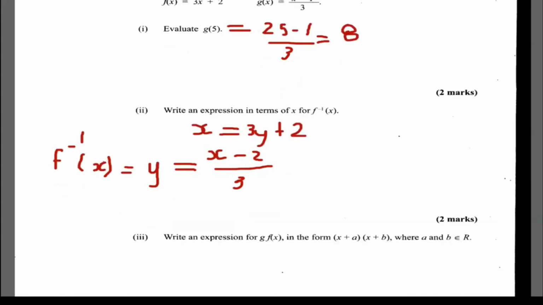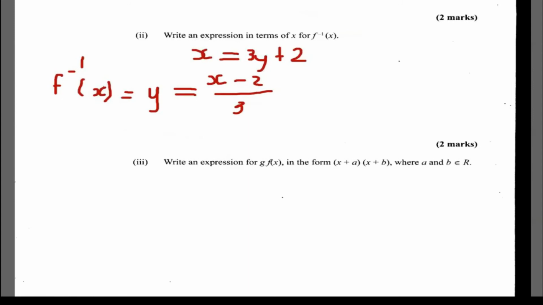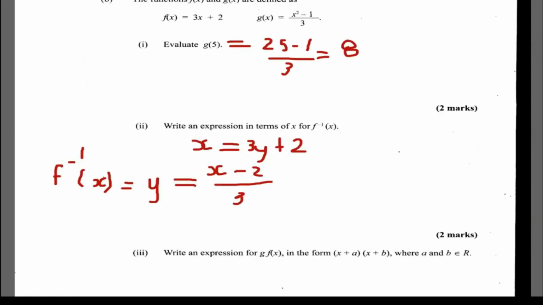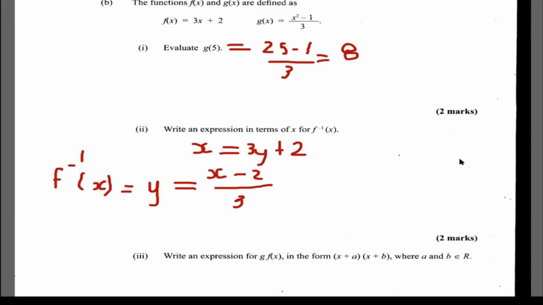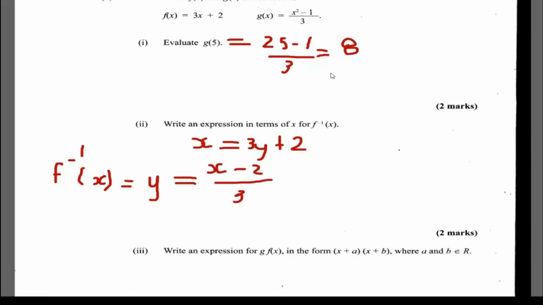Now it says write an expression for gf of x in the form x plus a times x plus b. g f of x means we put f of x into g.